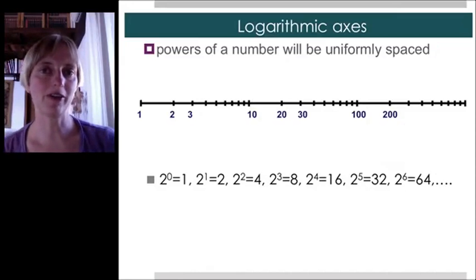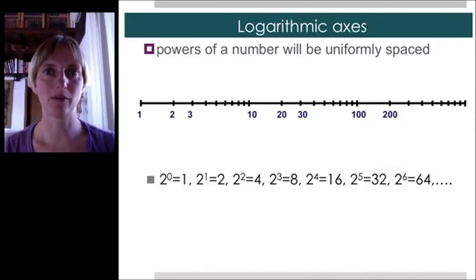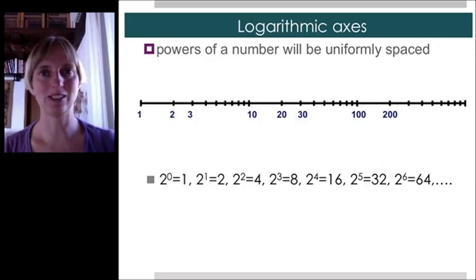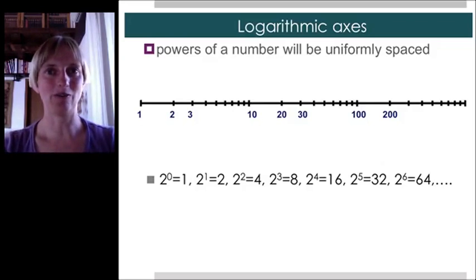So let's talk about logarithms for those of you who aren't as familiar with them. As you exponentiate a number, for example, with 2, 2 to the 0th power is 1, 2 to the 1 is 2, 2 to the 2 is 4, 2 to the 3 is 8. That exponent is what you get if you take the log base 2 of 8, it would be 3, right?